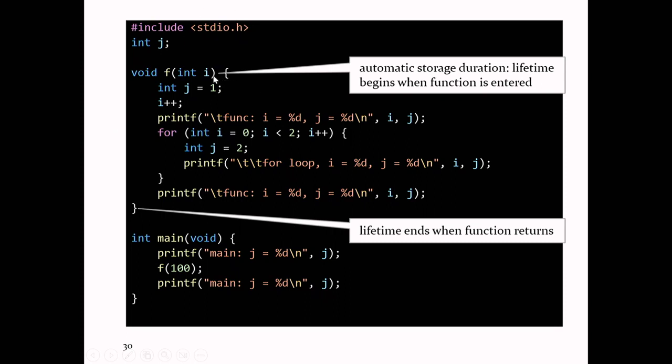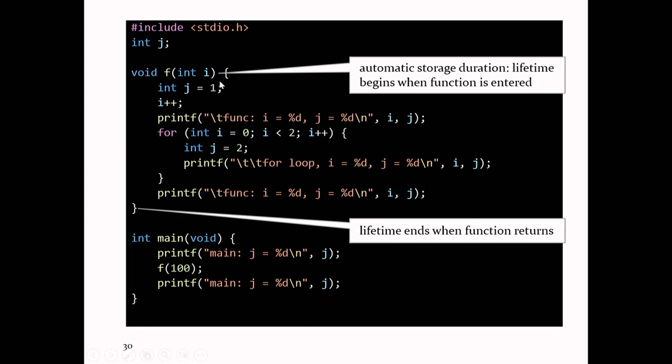Here, i has block scope. It's usable inside the function f. As soon as someone calls f, space gets allocated for that variable i, some amount of memory for an int i. Whatever argument is passed to the function gets stored in i.